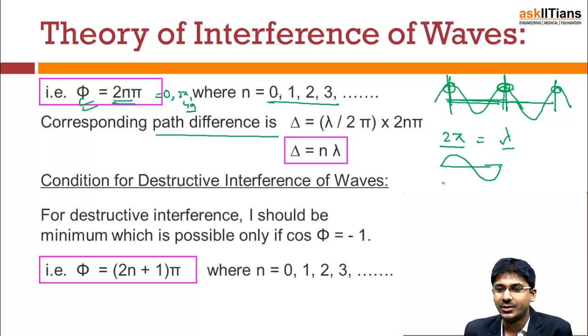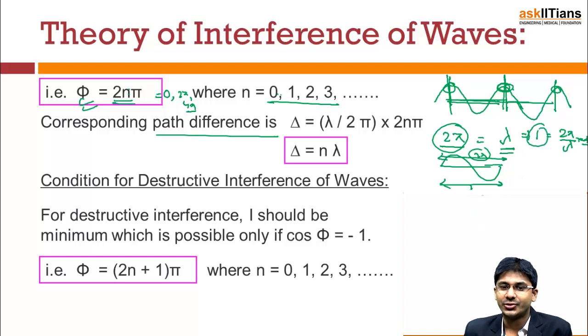Wavelength is this lambda, and this is the phase 2 pi. So an angle of 2 pi radian is equal to 1 lambda. That means 1 radian is equal to lambda by 2 pi. So delta x will be equal to lambda by 2 pi into delta phi.